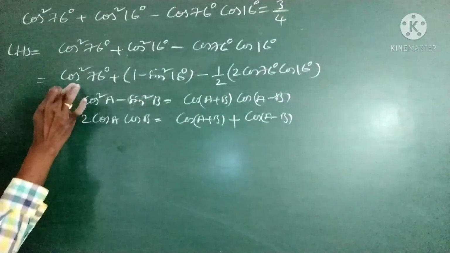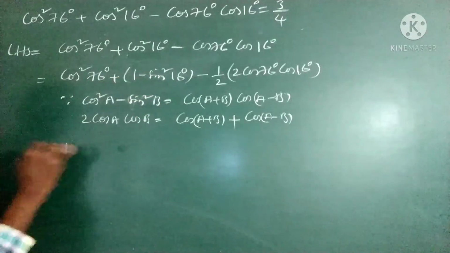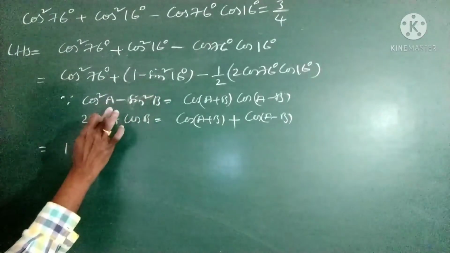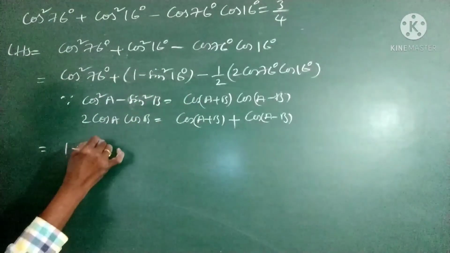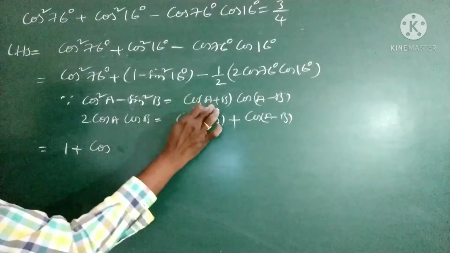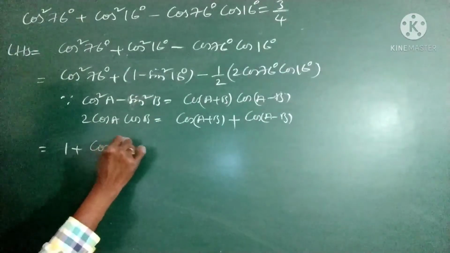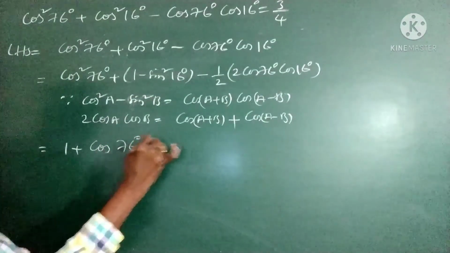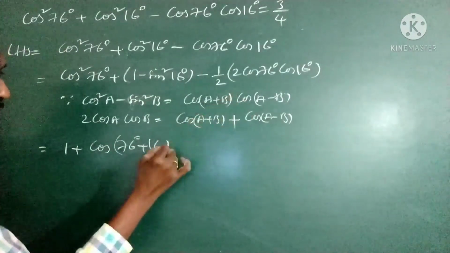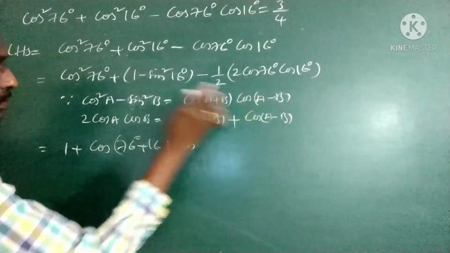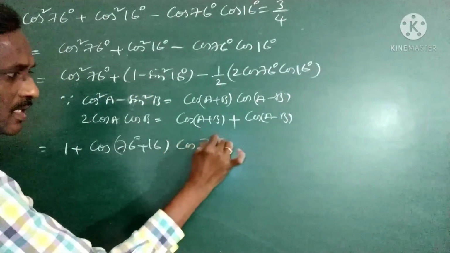If I use the formula, take cos square out, then for these two apply the formula. So you will get cos function of A plus B, where A becomes 76 and B becomes 16, so 76 plus 16, into cos function of A minus B, 76 minus 16.